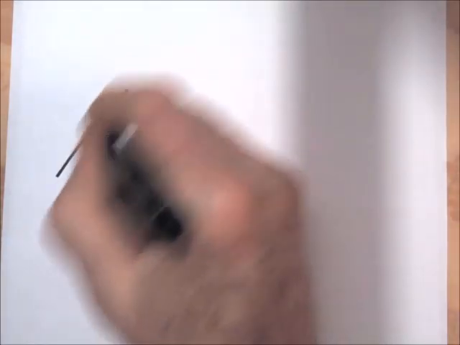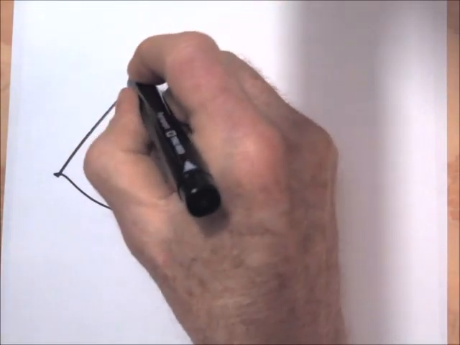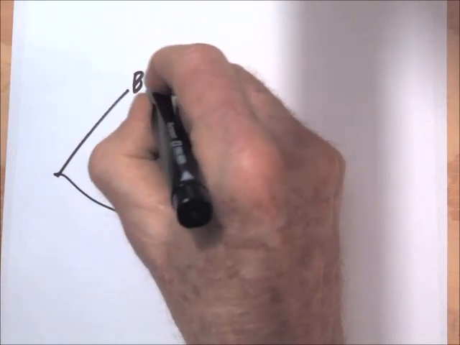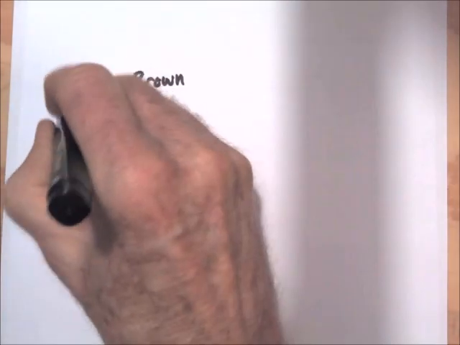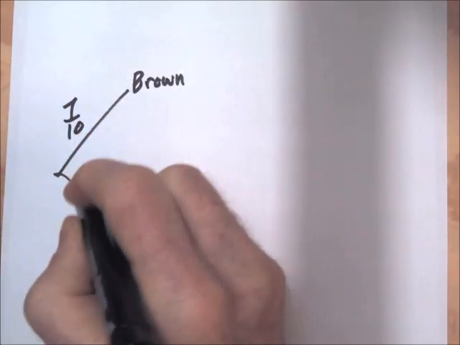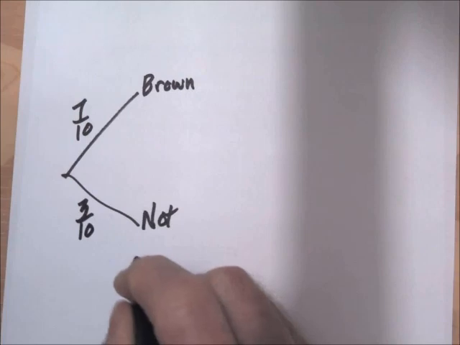Okay, so let's make a tree here. The first child either has brown eyes or not, and they have a 7 out of 10 chance of having brown, 3 out of 10 chance of not having brown.